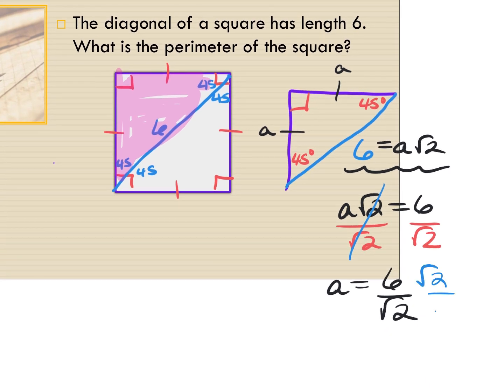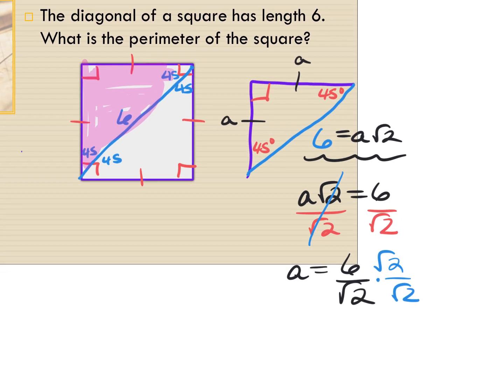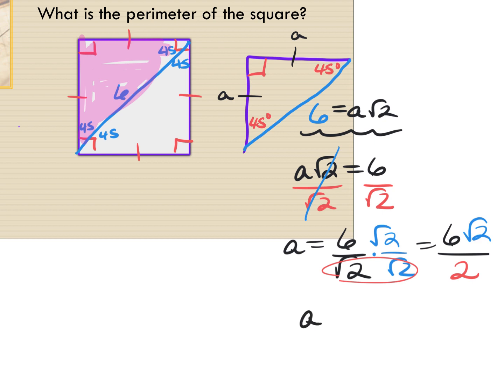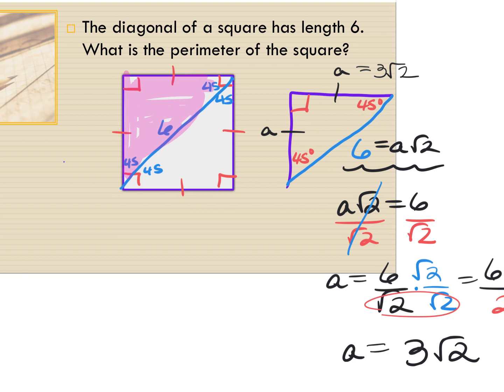So multiply top and bottom by square root 2. The numerator, I just put it side by side, and the pair of square root 2's just comes out. And again, I can simplify the 6 and the 2. 6 divided by 2 is 3, square root 2. So A is 3 square root 2. Well, if you recognize that A is actually the side of my square.